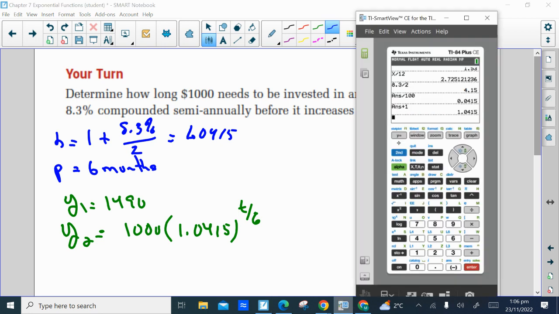So back to the calculator. Y equals 1,490 is my first equation. My second equation is 1,000 times 1.0415 to the power x over 6.